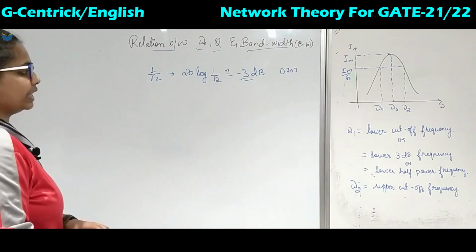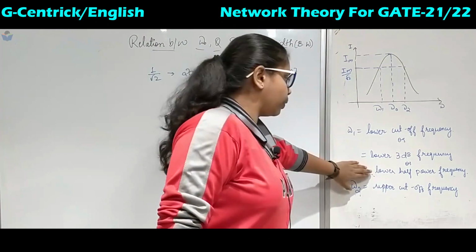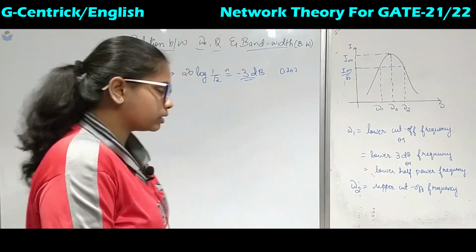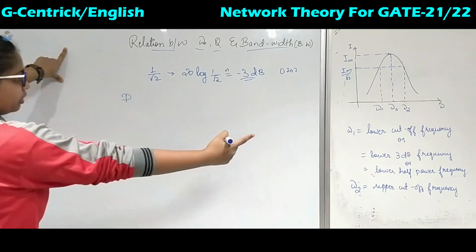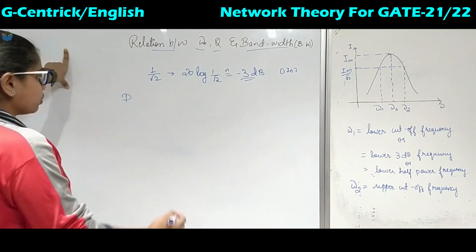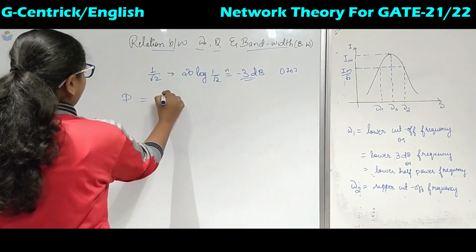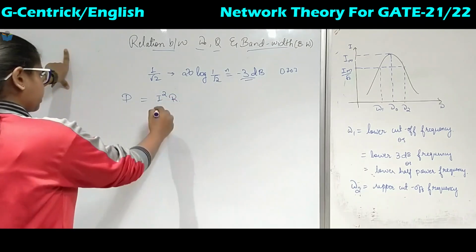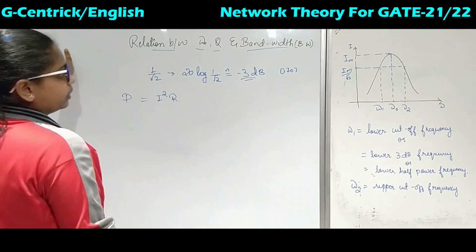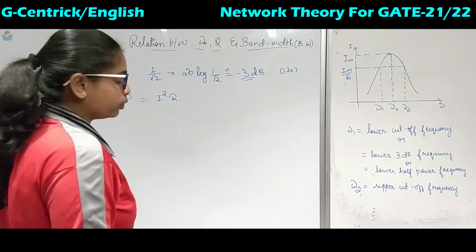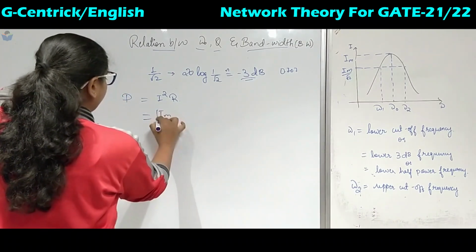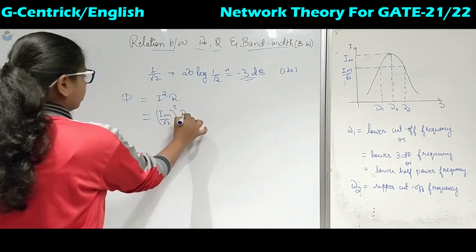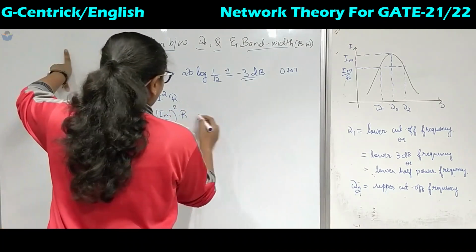So one thing is completed. Now why do we call it the lower half power frequency? If you take power, what is power? It's nothing but I square R. This I you can write as Im by root 2, so Im by root 2 whole square into R. Now what will happen?